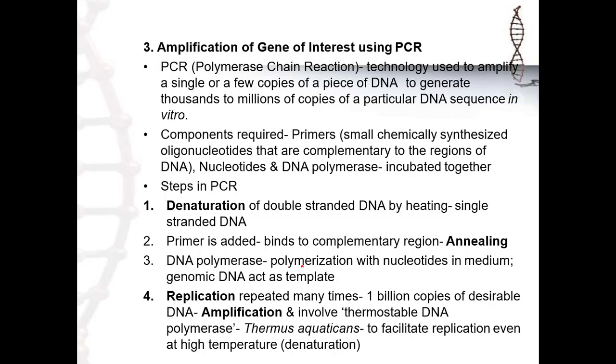So we can multiply it a thousand times, a million times, a billion times. PCR is a technology used to amplify a single or a few copies of DNA to generate thousands to millions of copies of a particular DNA sequence in vitro in the laboratory.